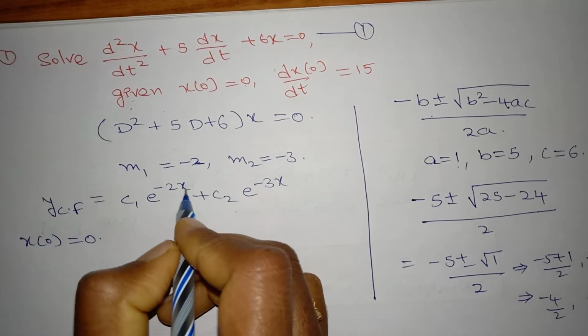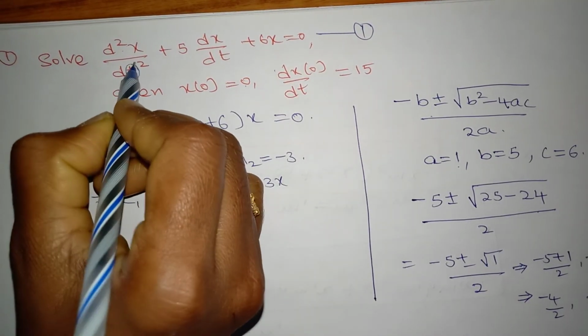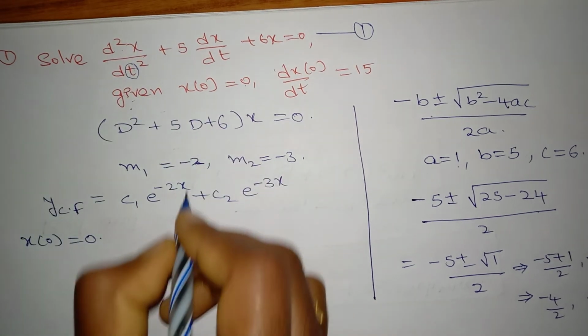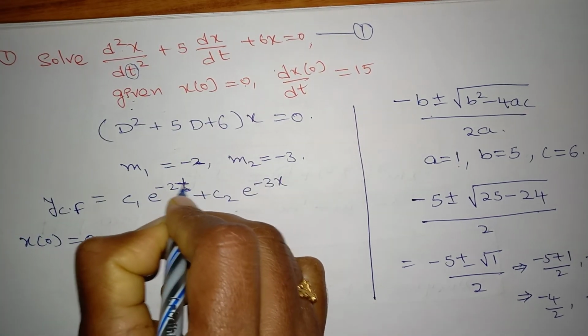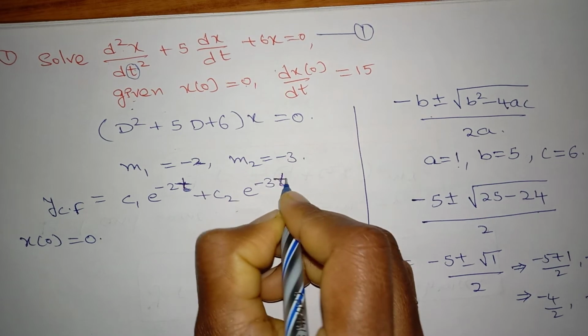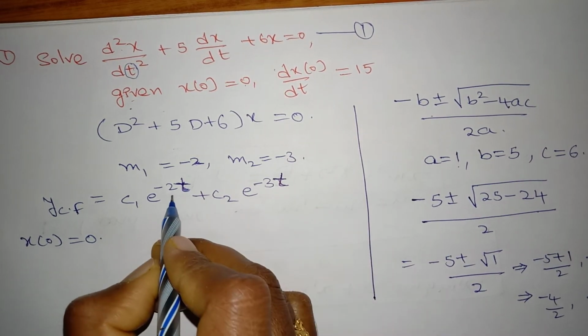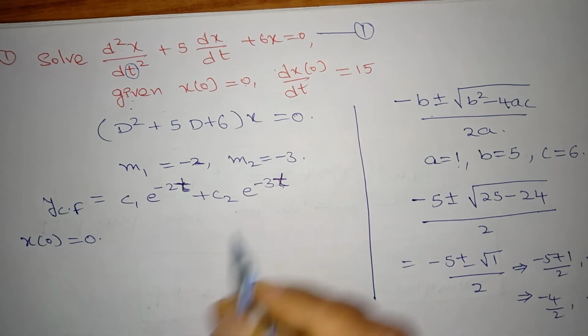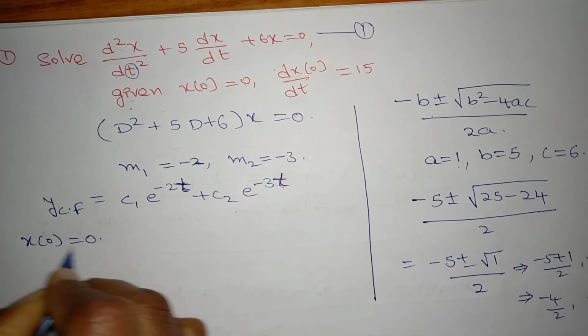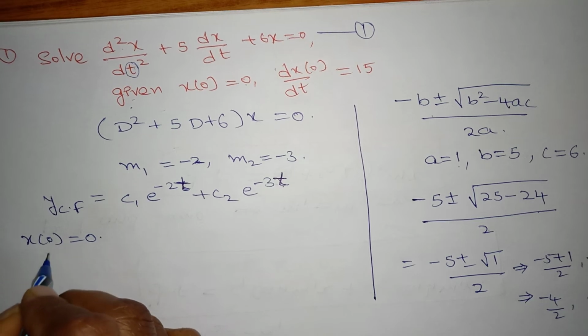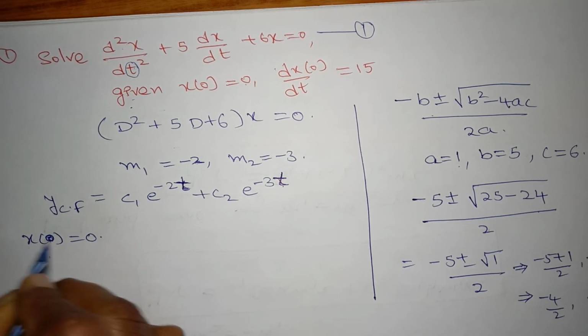Sorry, here we have differentiated x with respect to t, so we take e power m1t and e power m2t. Now x of 0 is 0.